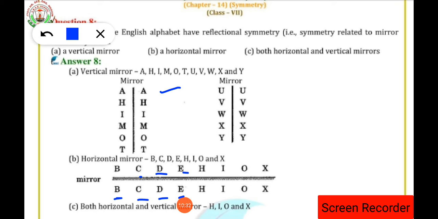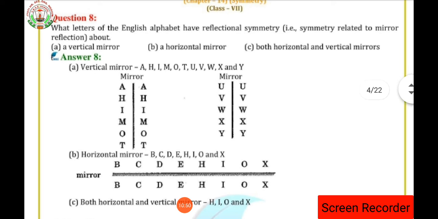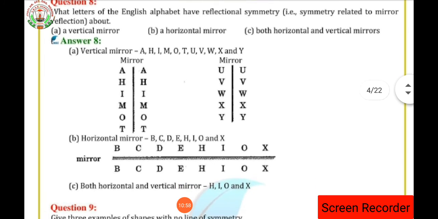Then U, V, W, X, Y will look like this. The answer is being given on your screen. You have to go through the answers and write in your copy how the reflections of the alphabets from A to Z look in the mirror. Clear? So these are the answers.